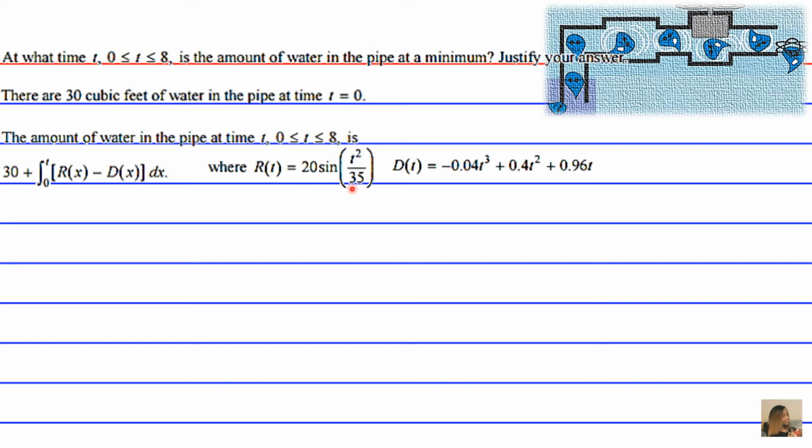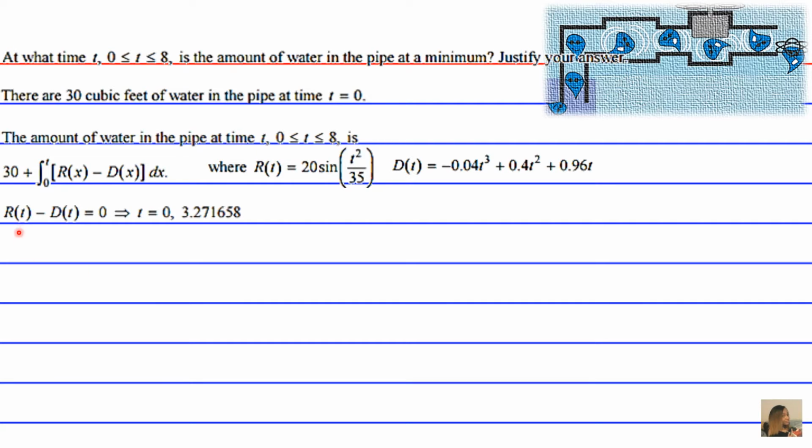You need to trace it. Or if you plot the two graphs, you can find out where they're equivalent to each other, and you'll find out the time where they're equivalent, and that's where you have a critical point, or a relative minimum on the interval between 0 and 8 hours, okay?